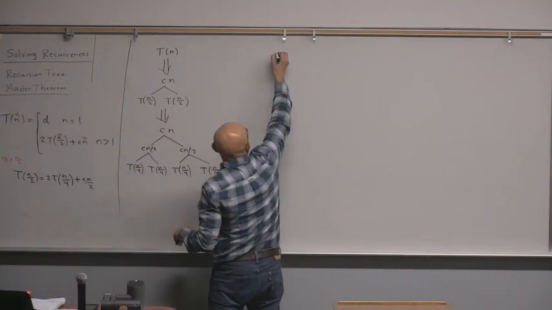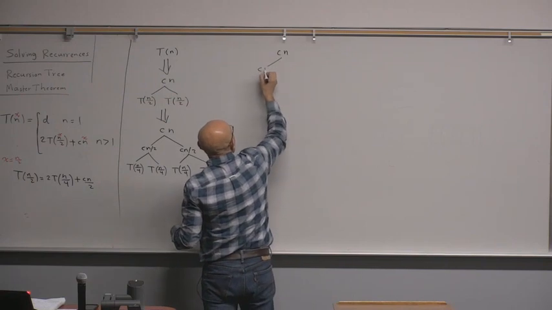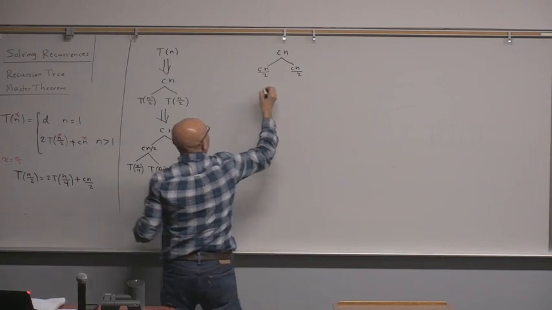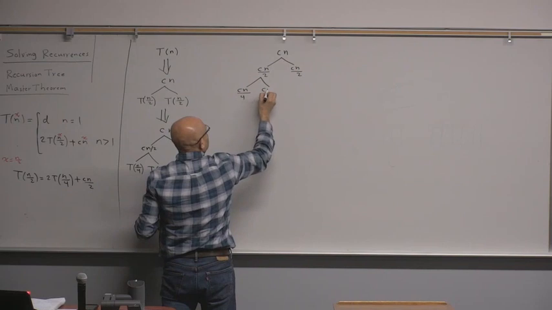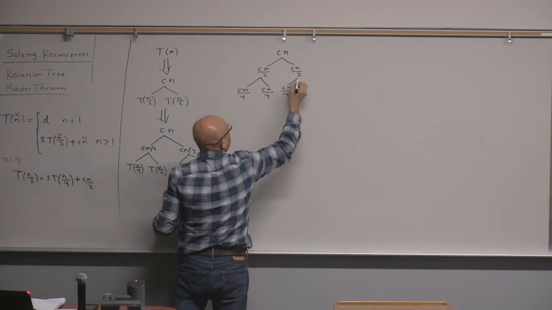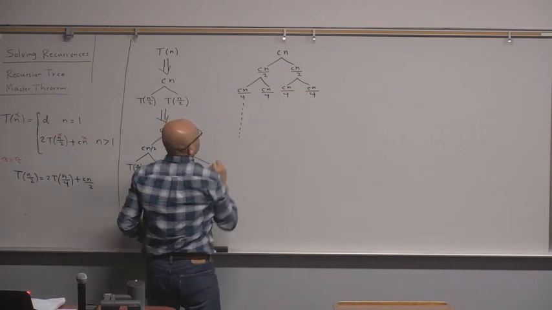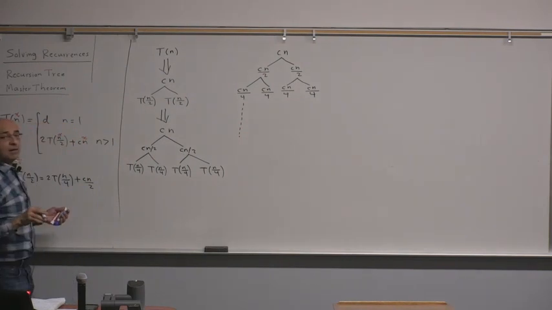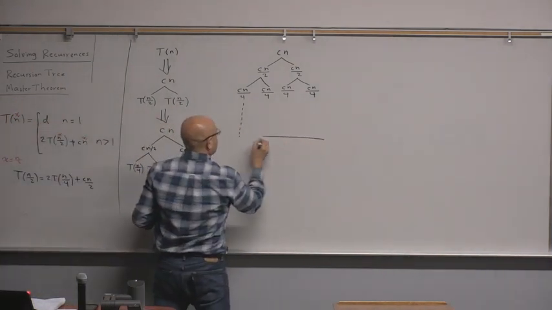It's going to give us cn, then cn over 2, cn over 2, then cn over 4, cn over 4, cn over 4, cn over 4, and we will keep going until we eventually reach a size of 1.